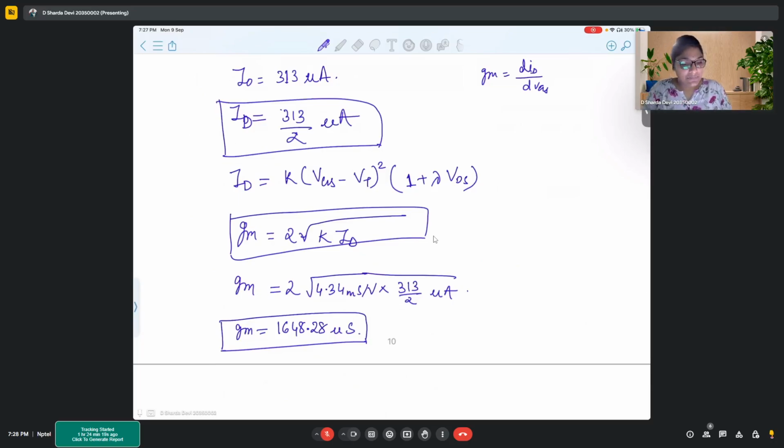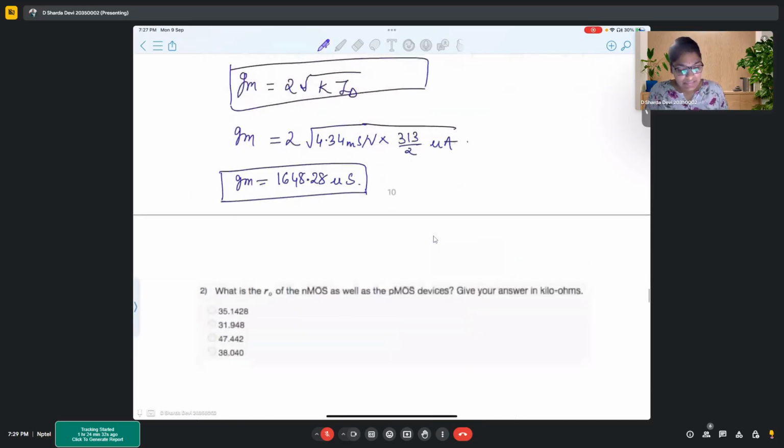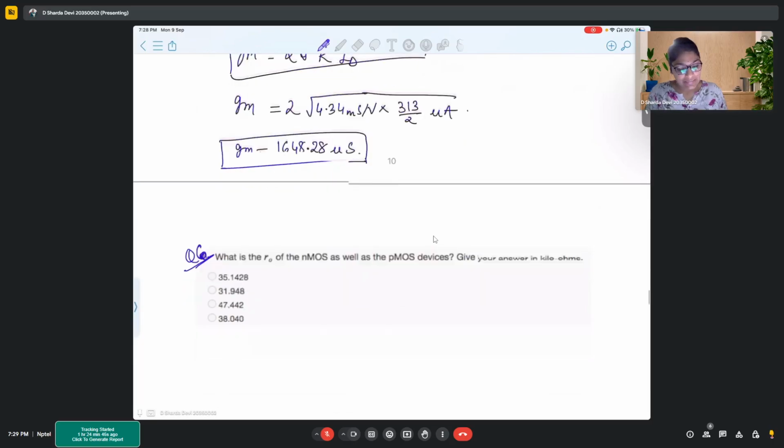And by using that simple formula, we have calculated the gm, which was asked in the question. Is this clear? So basically, how you approach a problem depends on what is given in the question and what is asked from the question. At the end, it boils down to that.